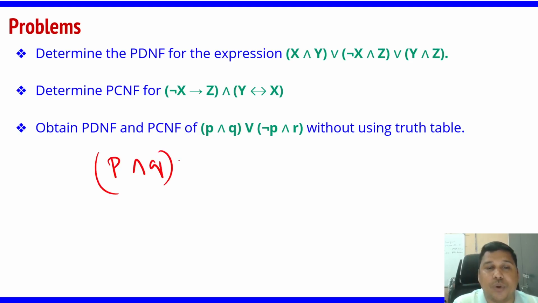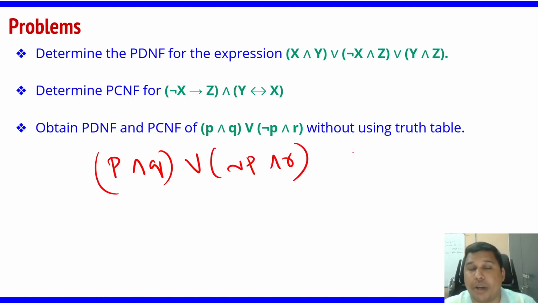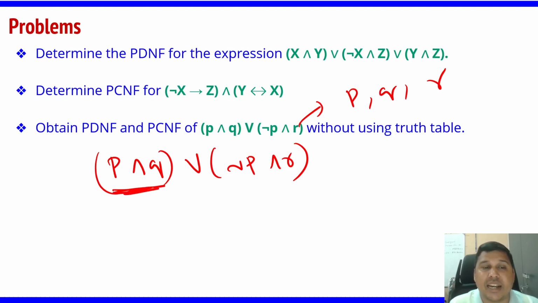P and Q or negation P and R, without using a truth table. How to do this? We know the 3 variables are P, Q, R. Which one is missing here? R is missing.